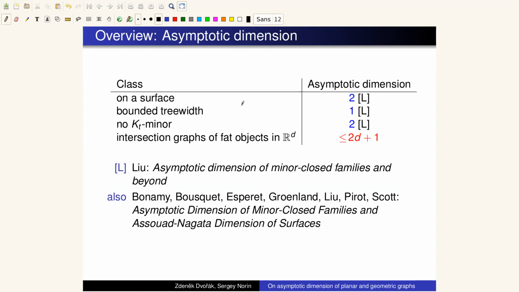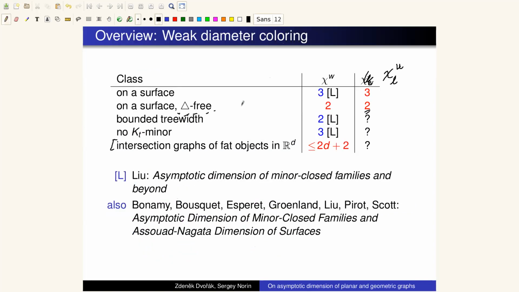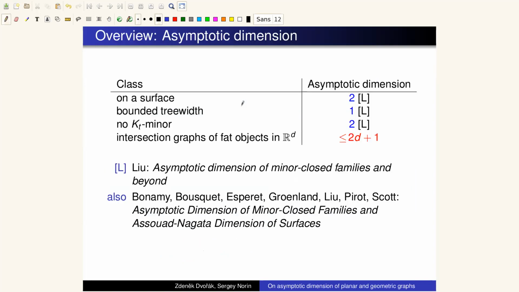And so what Junhon actually proved is not just these results about the weak diameter coloring or clustered chromatic number, but these nice results: if you take the class of graphs drawn on a fixed surface, it will have asymptotic dimension 2, which is really what you would want.